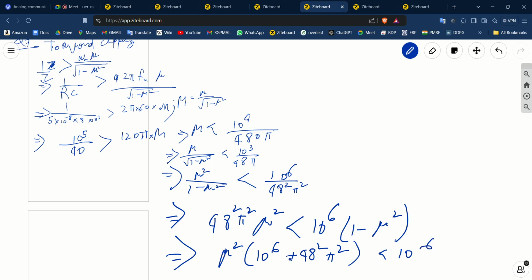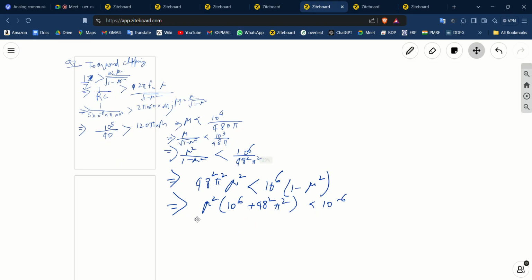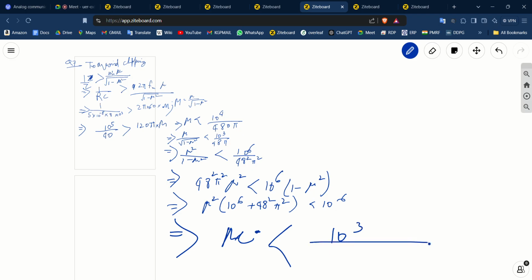We take only the positive root because mu is a positive number. So mu is less than 10 to the power 3 by root under 10 to the power 6 plus 48 square pi square.